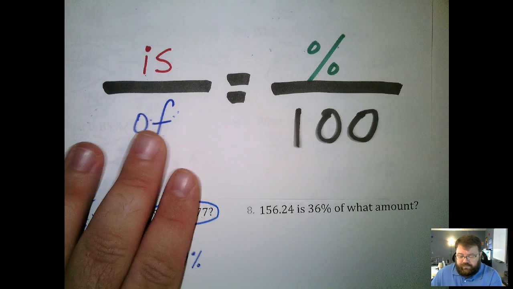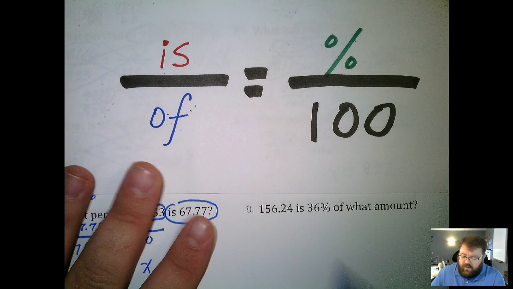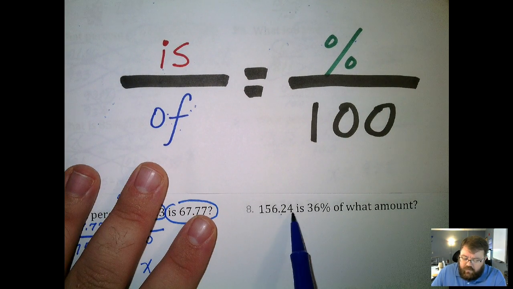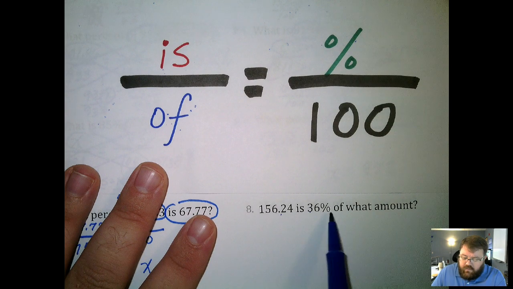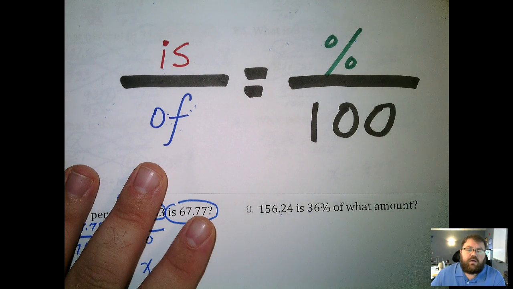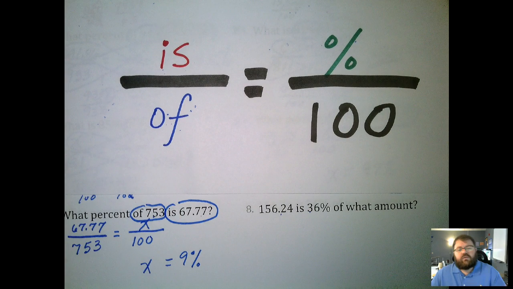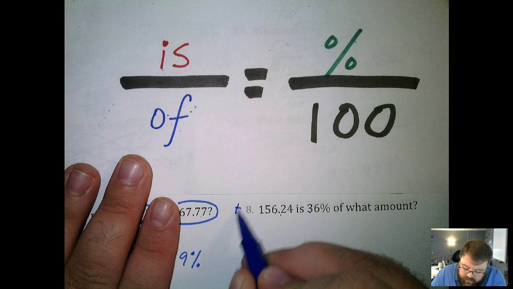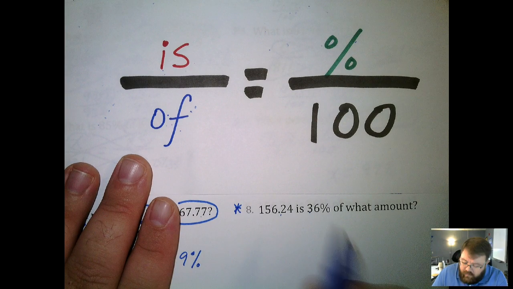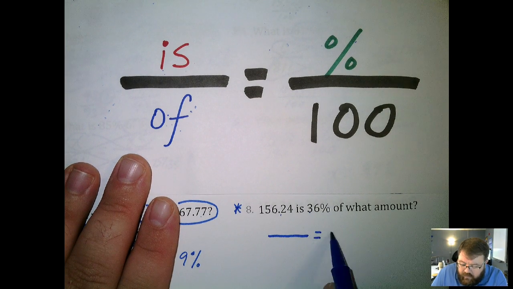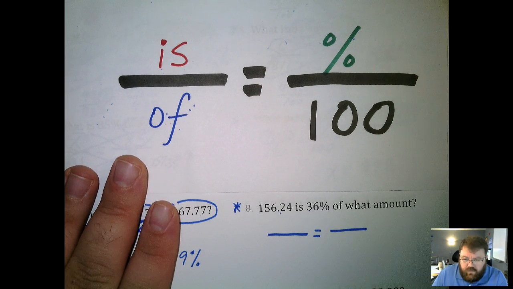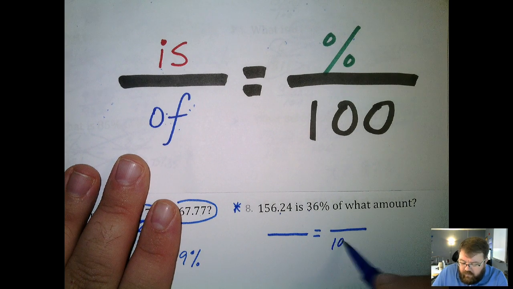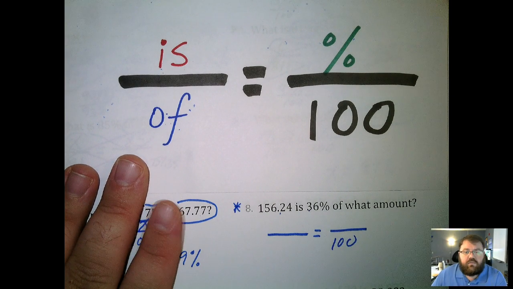Number 8. 156.24 is 36% of what amount? Pause the video and answer the question. Okay. From here, start off with line is equal to line. That's your first step. Go ahead and put in the 100 because that is your constant number.